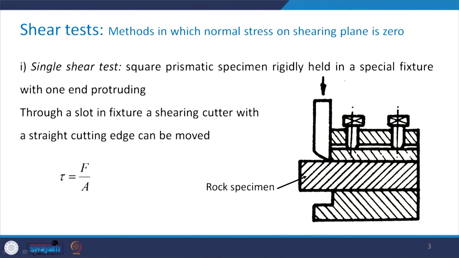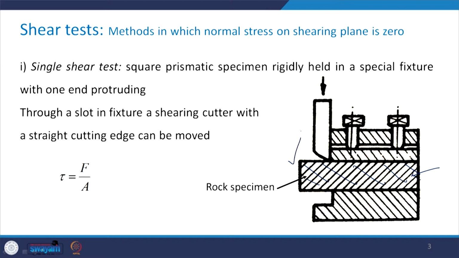First one is single shear test. You can see here in this figure that a rock specimen, that is this one, is mounted on this assembly, which is a square prismatic specimen, and it is rigidly held in a special fixture with one end protruding.